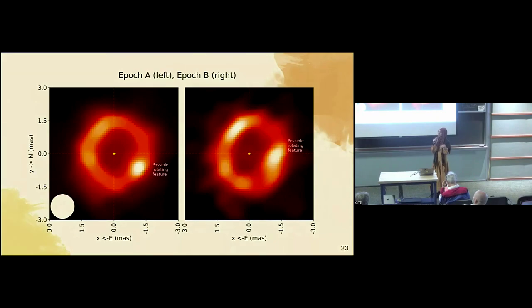It's about half the speed that we expect it to be, just like we're seeing in other disks as well. So it's a lot slower than we expect for it to be a planet. It could be something outside that's dragging it, maybe a planet. It could be like a spiral, something like that. But we don't have enough epochs to be able to really track it. We only have these two. So we don't really have a firm interpretation of what that is. But we do have a monitoring program, so hopefully we'll be able to figure that out soon.